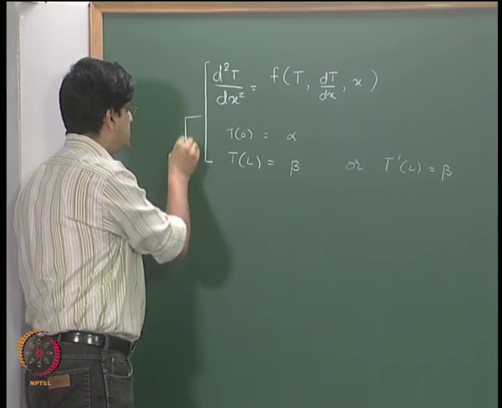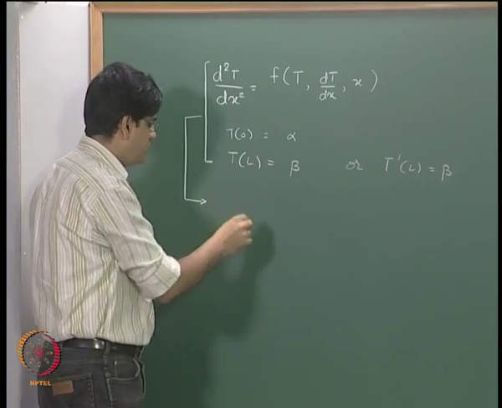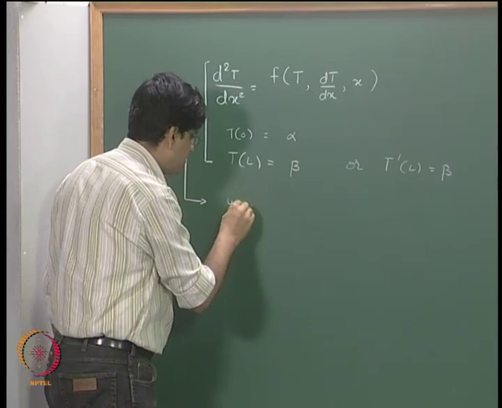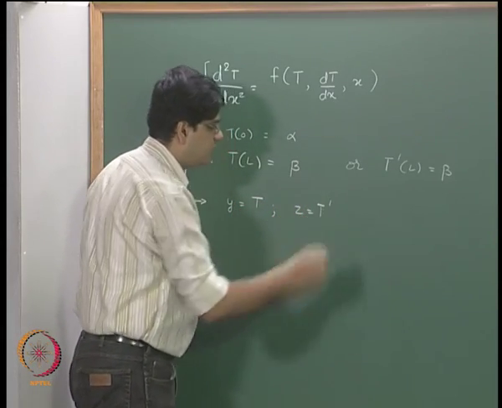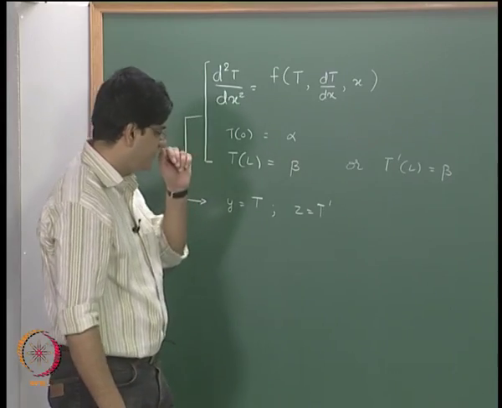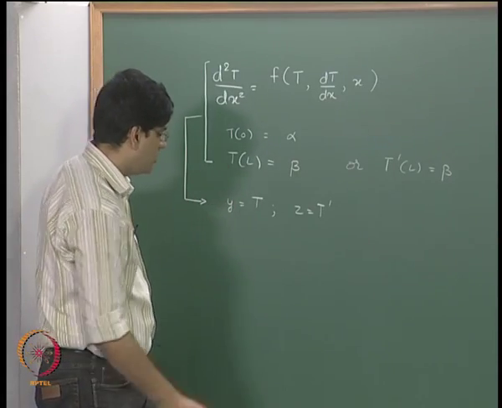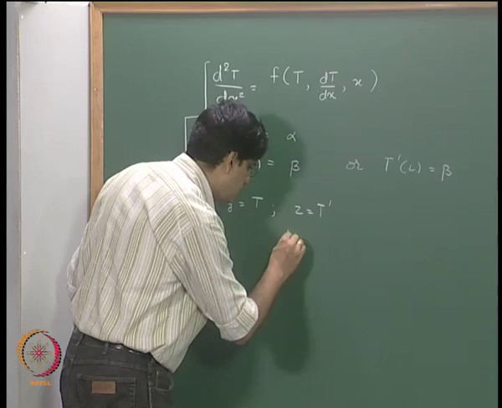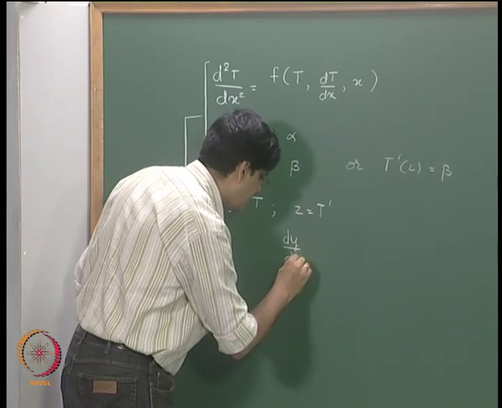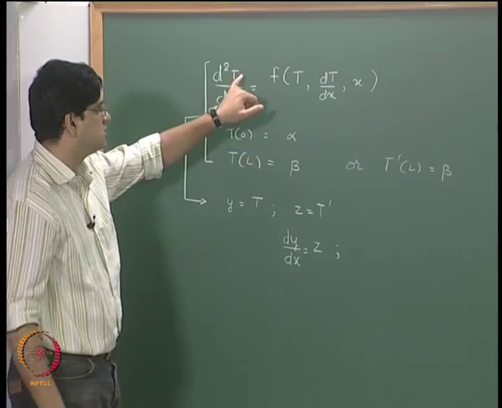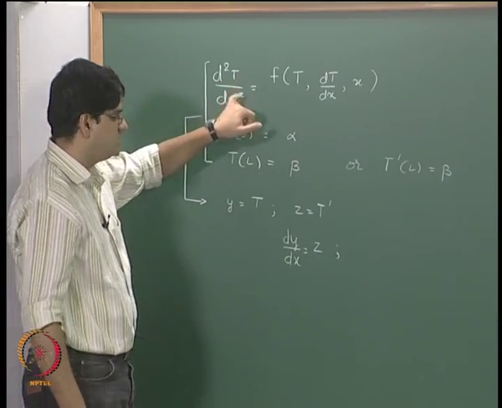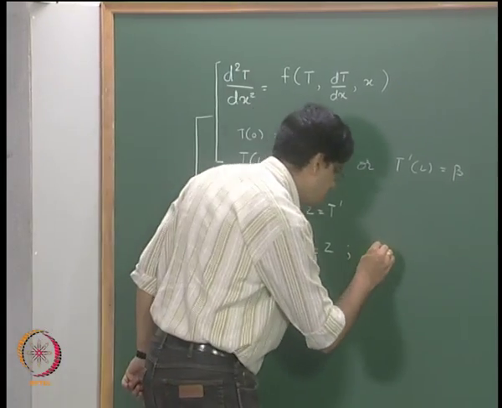We converted this through change of variables, where variable y was defined equal to T, and variable z was defined equal to T'. As a result of this, the first equation was dy by dx equal to z. The second equation was d by dx of dT by dx, which makes it dz by dx.